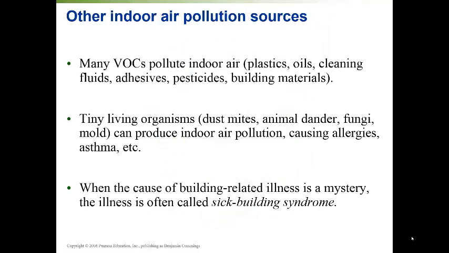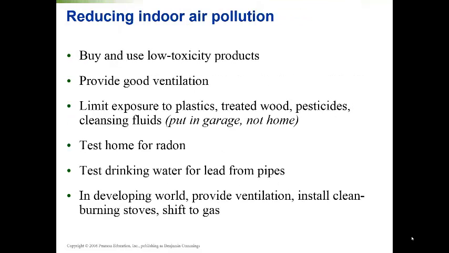Other air pollution sources, where it comes from, just showing you, you can pause it again whenever you need to. Just a couple of different ways of how to reduce indoor air pollution: use low toxicity products, provide good ventilation, limit exposure to some harmful things, plastics, woods treated with different types of pesticides, or chemicals like for weather proofing.